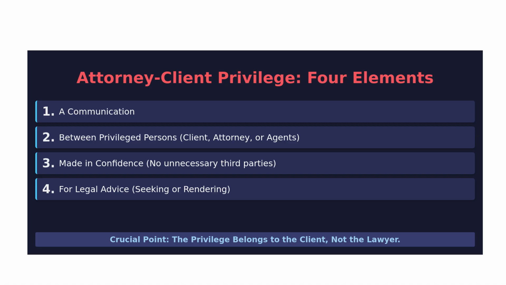Third, the communication must have been made in confidence, implying that no unnecessary third parties were present who could defeat the secrecy requirement. Fourth, and critically, the communication must be for the purpose of seeking, obtaining, or rendering legal advice. If these 4 elements are met, the privilege attaches.